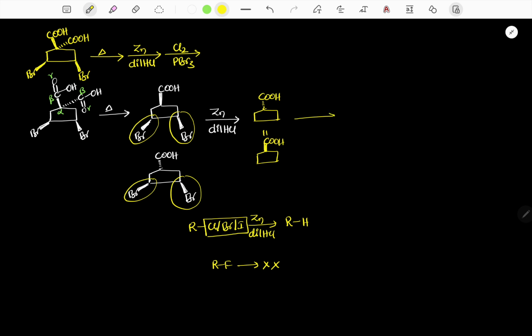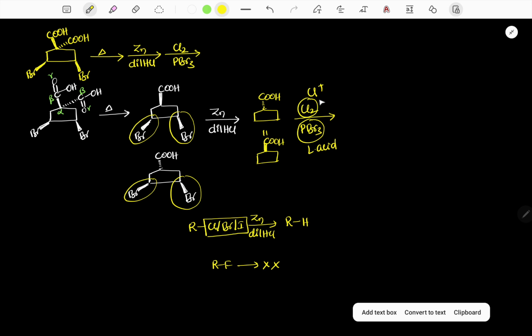Now this carboxylic acid is treated with Cl2 and PBr3. So PBr3 is a Lewis acid, and from Br2 we get the electrophile Br+. We are adding an electrophile in the presence of a Lewis acid.